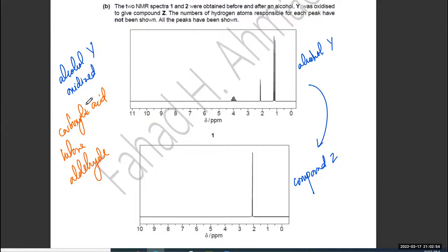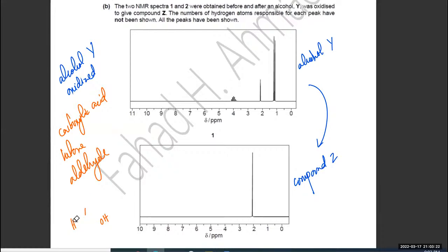Can a carboxylic acid ever have a single peak? Like if I take the smallest carboxylic acid, methanoic acid, will it have a single peak? The OH is there, but there's an H as well, so there are going to be 2 different peaks. Even ethanoic acid will have 2 different peaks.